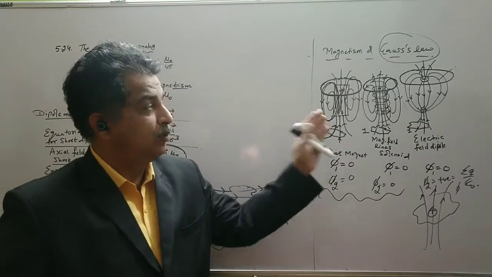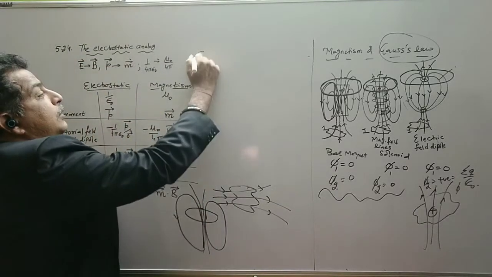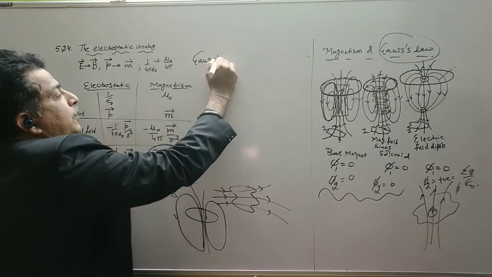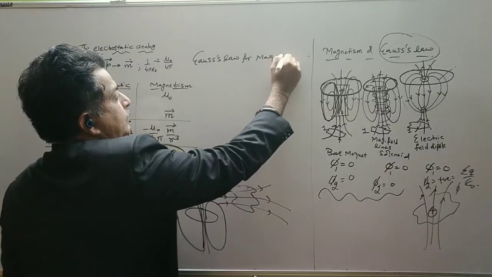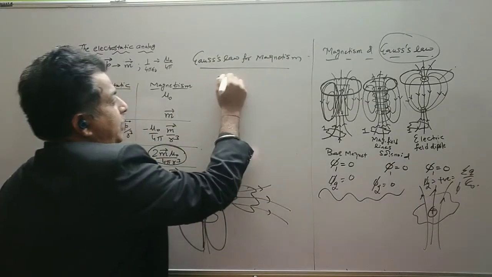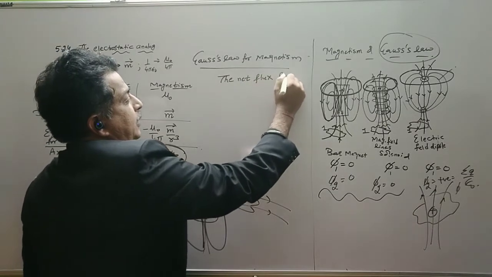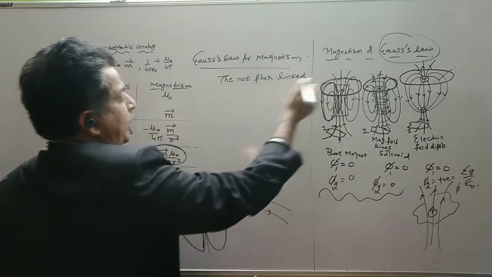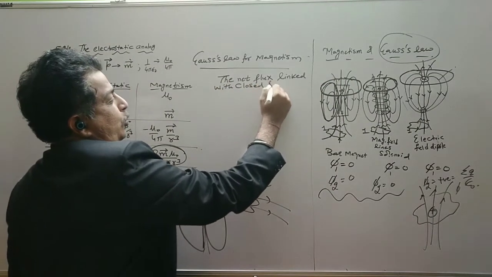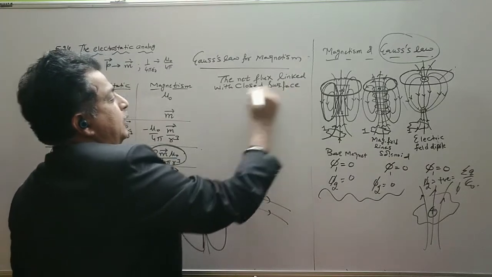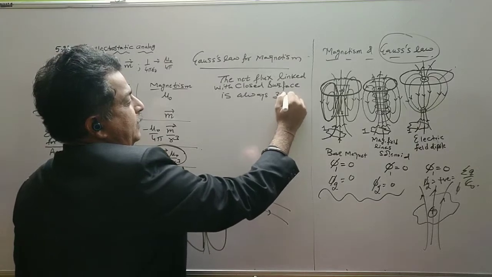But this is not the case with the Gauss law for magnetism. So the Gauss law for magnetism is very simple. The net flux linked or associated with a closed surface is always zero.